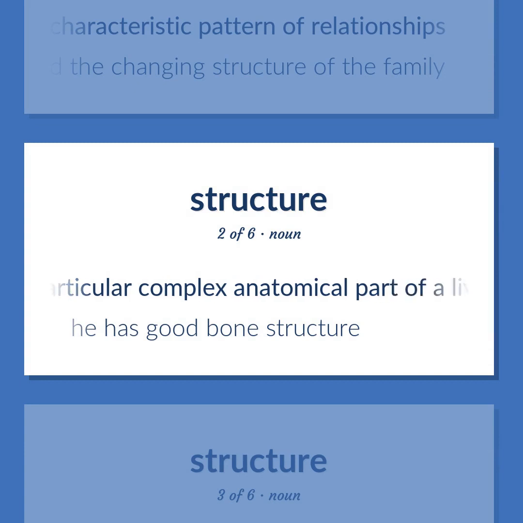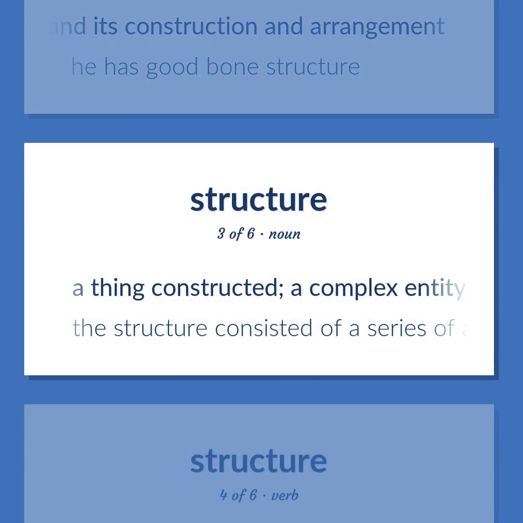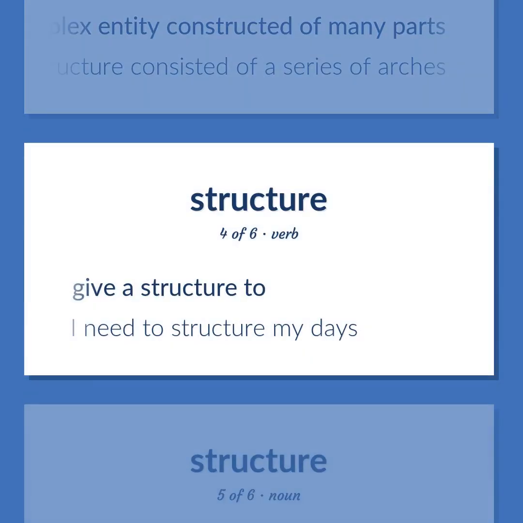A particular complex anatomical part of a living thing and its construction and arrangement. He has good bone structure. A thing constructed, a complex entity constructed of many parts. The structure consisted of a series of arches. Give a structure to.